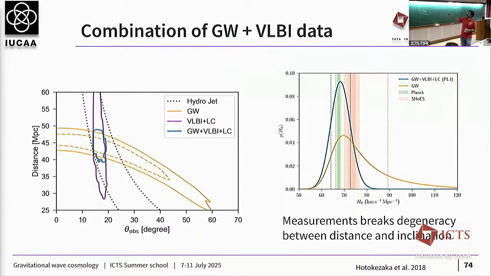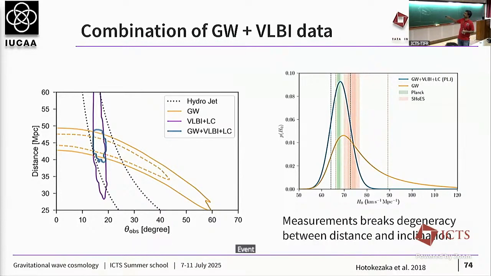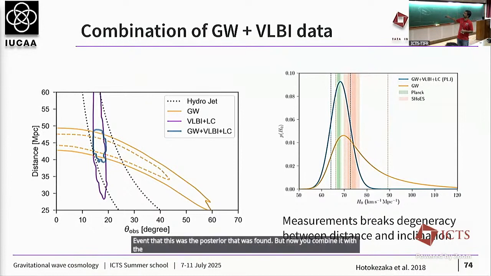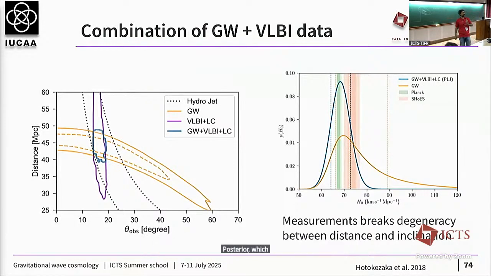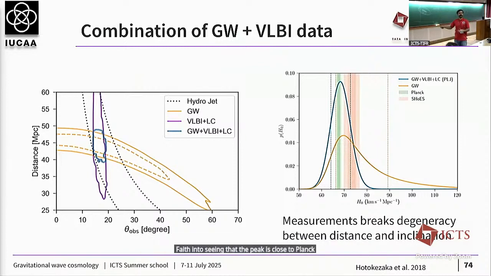If you just use the GW event, then this was the posterior that was found. But now you combine it with the VLBI plus the light curve data, and you get a posterior which is more peaked. And this is exactly what we want. Again, it is not good enough to distinguish between these two models. Some people would put a lot of faith into seeing that the peak is close to Planck, but you should not do that.